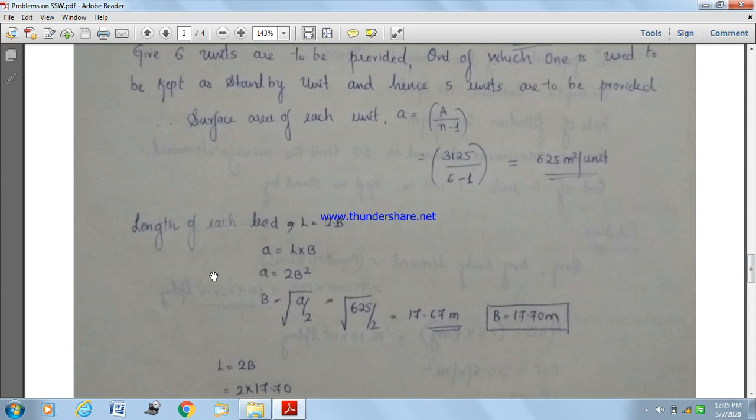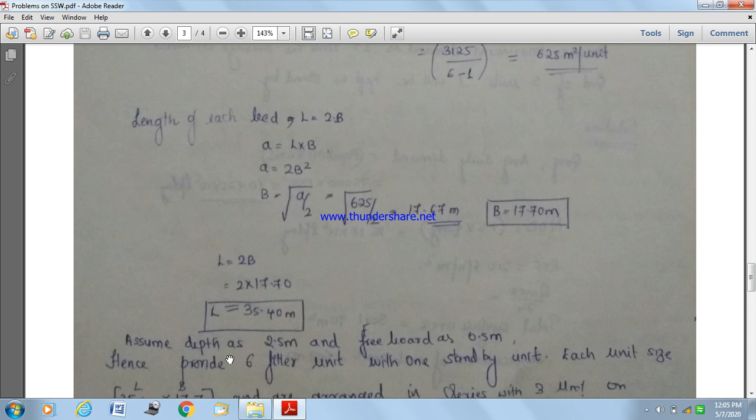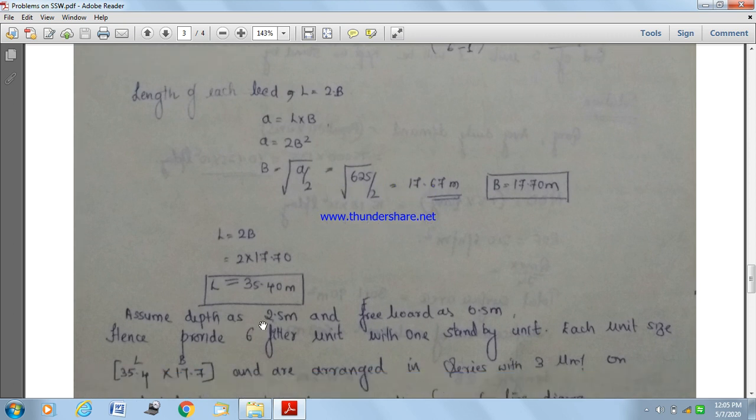After that find the length and breadth. L is already given in the question, it is twice the width, so L is equal to 2 B. Find B, then find L. Assume the depth as 2.5 meter and freeboard as 0.5 meter.